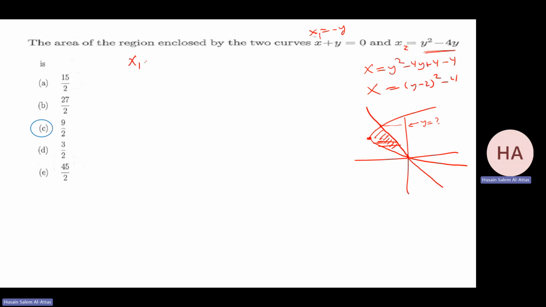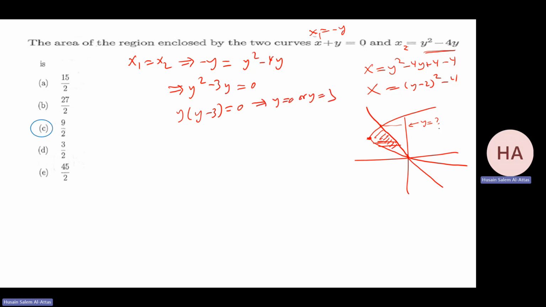I equate them. I have minus y equal this. So I have y squared minus 3y equals 0. So y times (y minus 3) equals 0. So y equals 0 or y equals 3. So this is y equals 3.